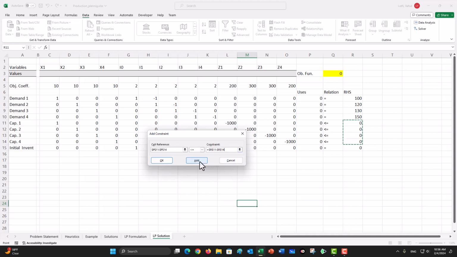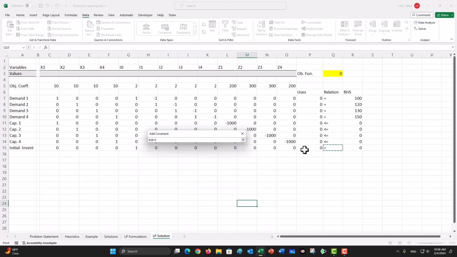And we add the last constraint, which is the initial inventory, and that is stored here, and the relationship is equality, and the right hand side is 0. Now we have to add one more set of constraints, and those are the binary variables z.